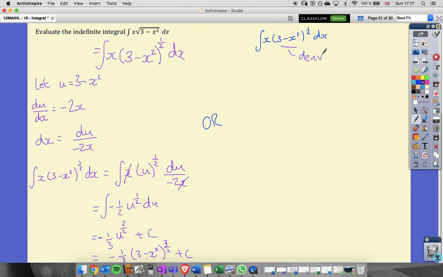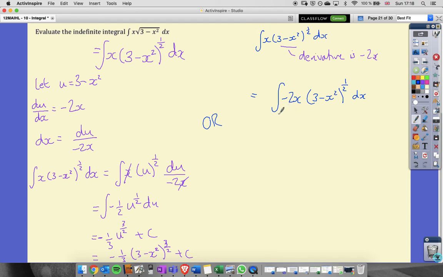Derivative is negative 2x. So what would be really nice is if this said negative 2x for me, because then it would be really clear that I have the derivative of the inside function right there.